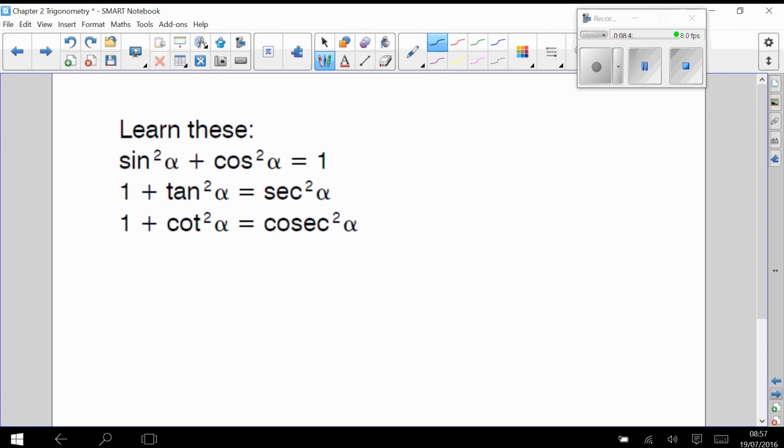As each of these has a side which has got 2 terms, instead of writing sine squared alpha plus cos squared alpha is equal to 1, I could have written sine squared alpha is 1 minus cos squared alpha, or cos squared alpha is 1 minus sine squared alpha. And similarly, I could have moved terms around with the other 2 square identities. So you need to learn all forms so that you could recognize these identities.